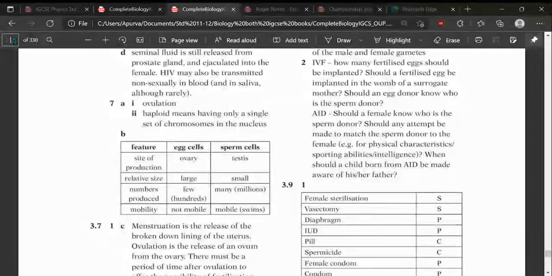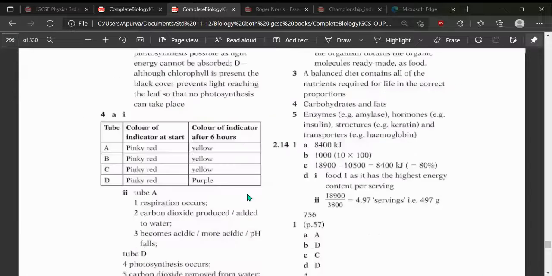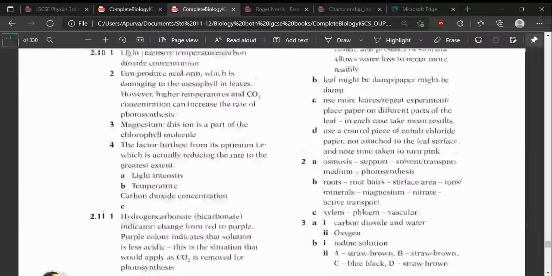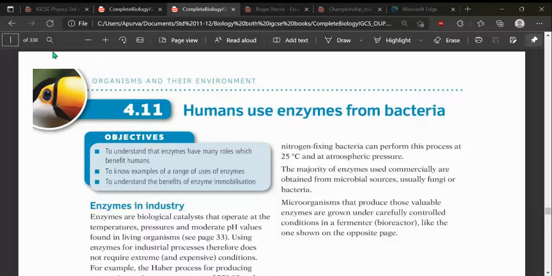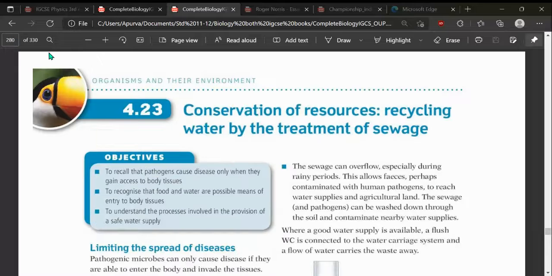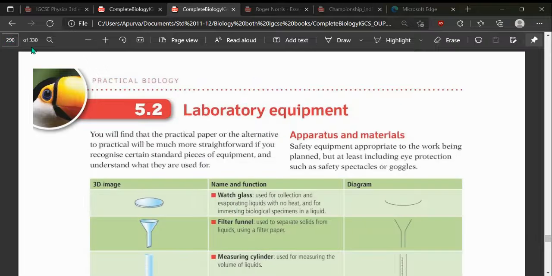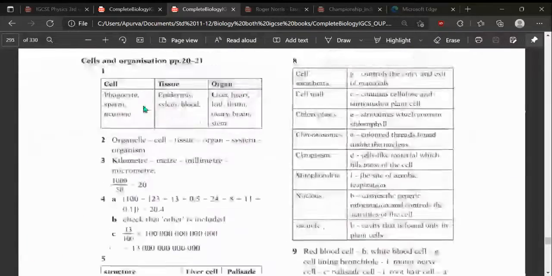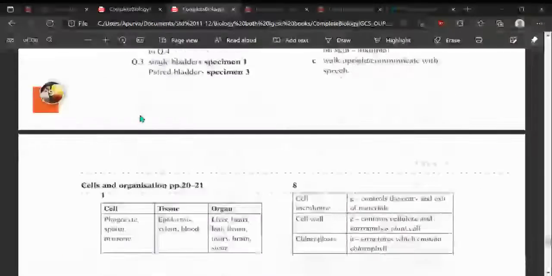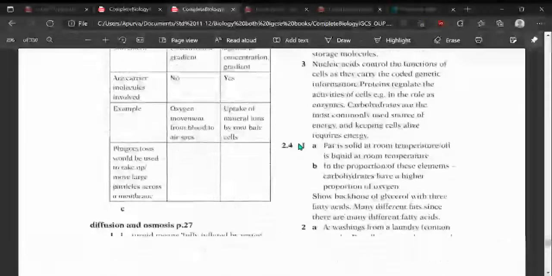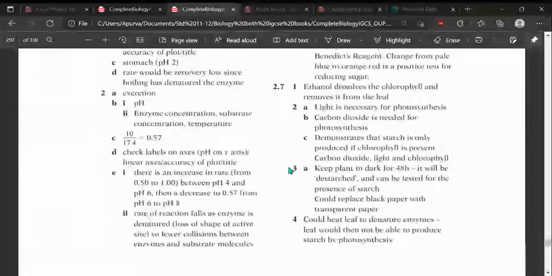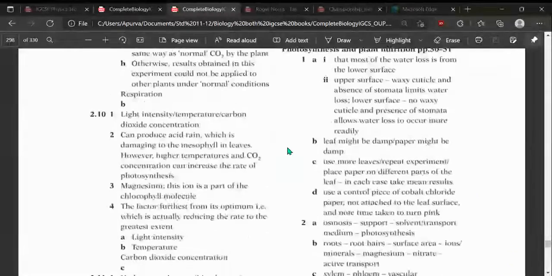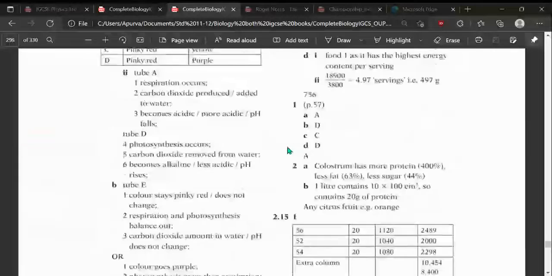Let me try page 300. How about 250? 280. 290. Okay, the answers are next. There we go. So now the answers are 2.18.